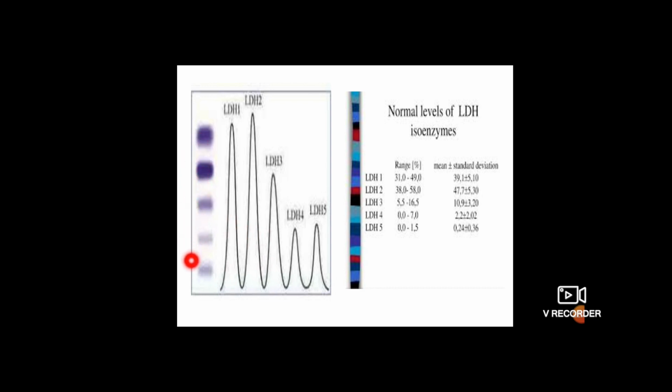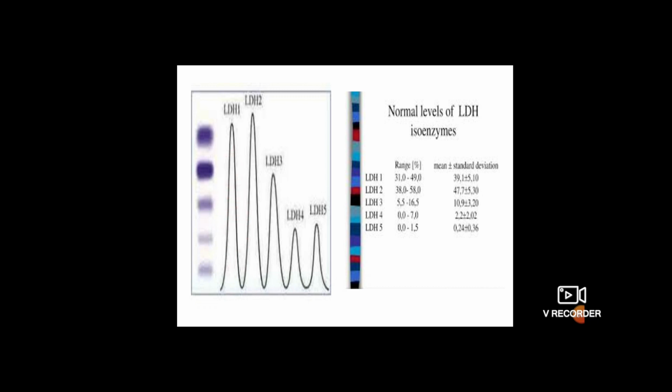PAGE, polyacrylamide gel electrophoresis, where you can see the peaks. Here it is peaks, but usually we observe the bands in the gel. The one with the least molecular weight is LDH5, then LDH4, then LDH3, and the uppermost is LDH1. When we run this as a normal or standard, along with the patient serum, you can see the bands.